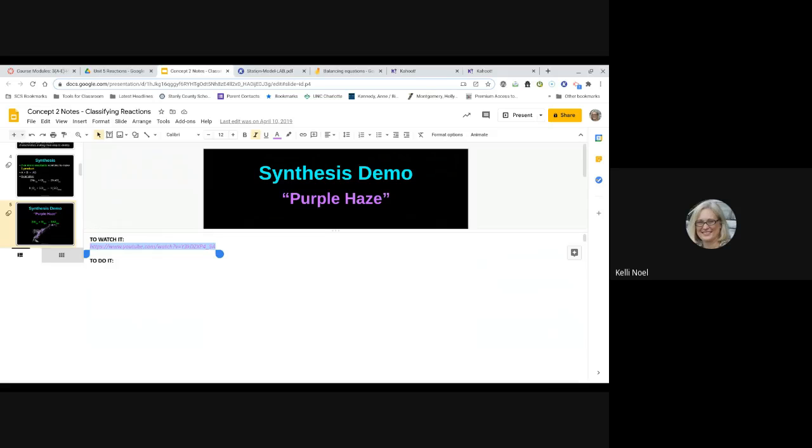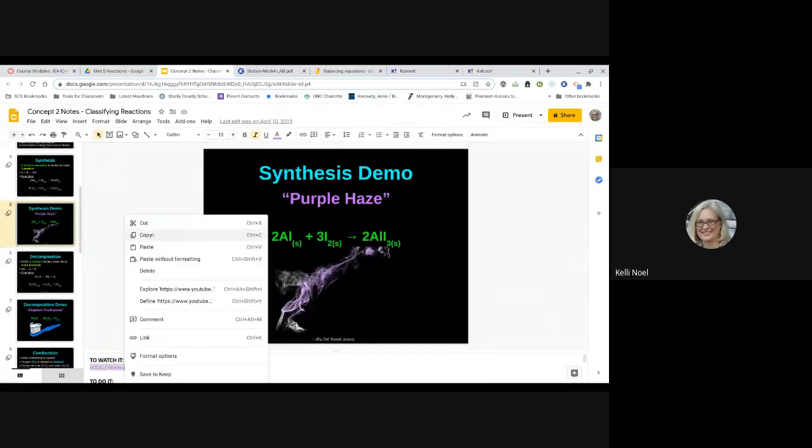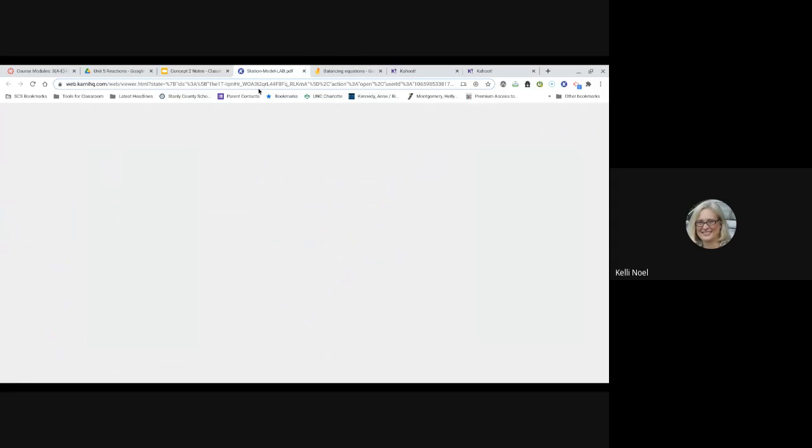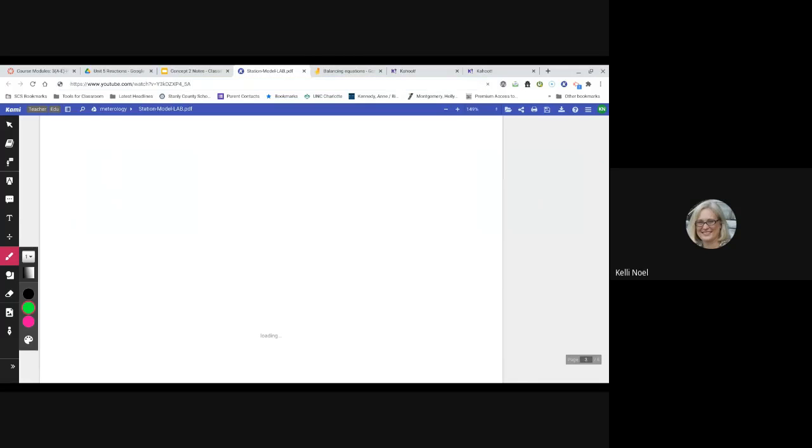I can do it on the computer better than I can here. Or you know what? I'll copy it. Copy and I don't need this anymore. Paste. And we'll see what it looks like.